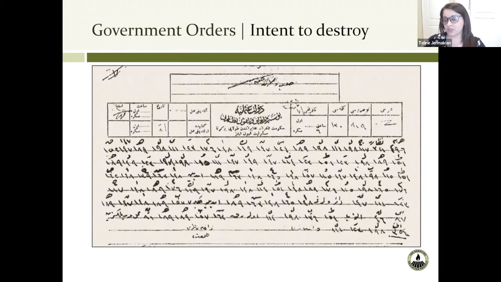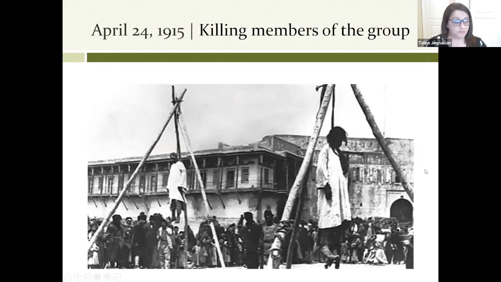Depending on the maturity level of your students, there is photographic evidence that you can show as well. The timing of this conference comes at a real important time for this subject matter, as this Sunday is April 24th, where Armenians around the world will be commemorating the Armenian genocide and remembering.